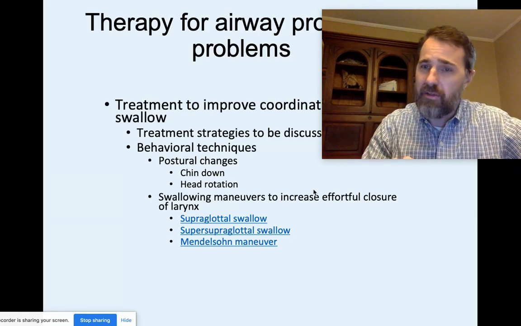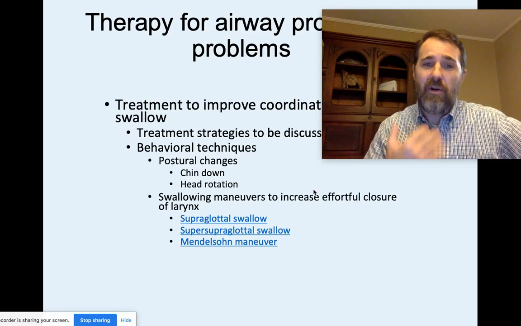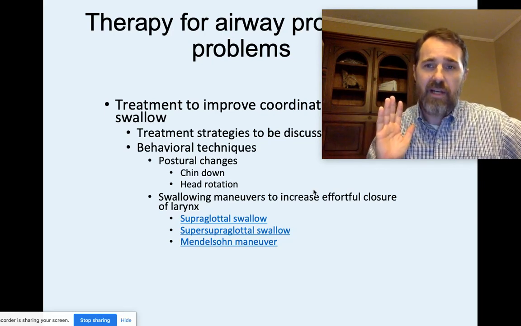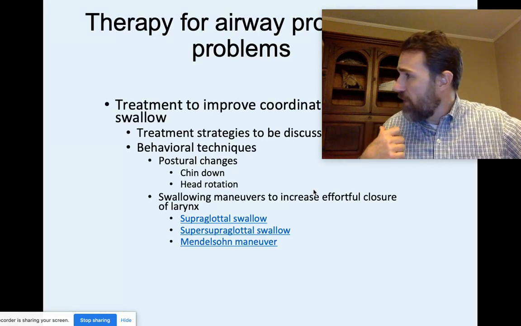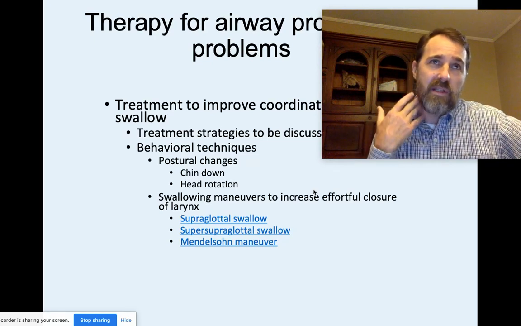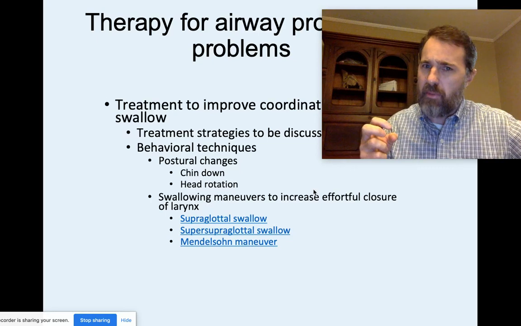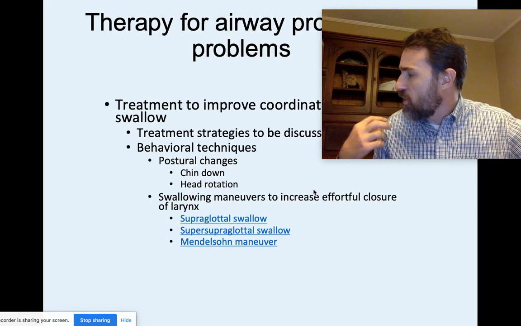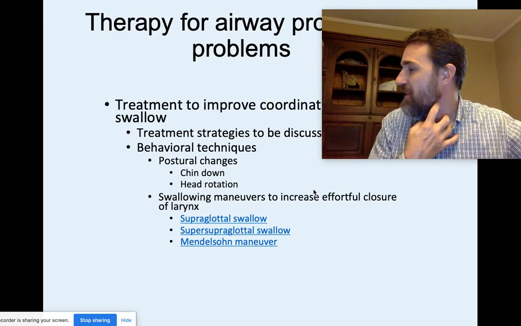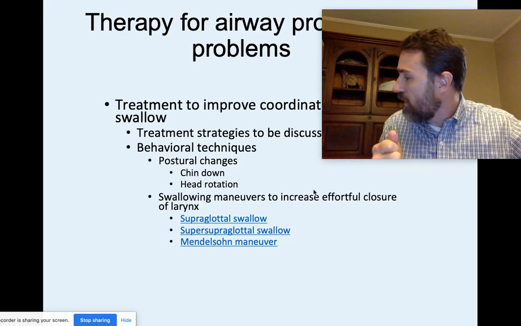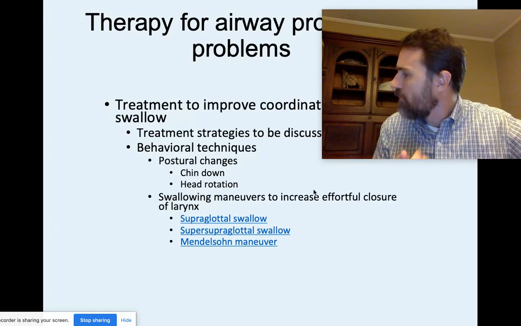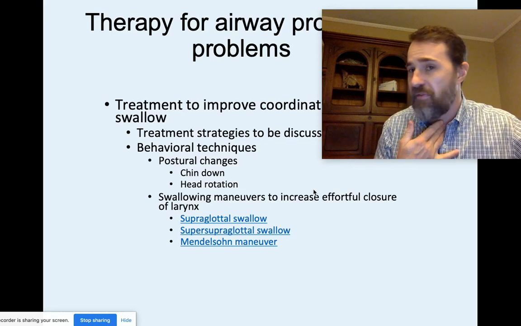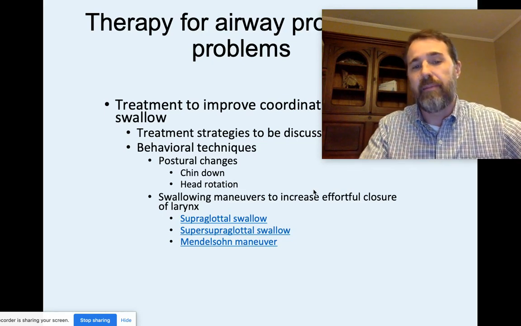So these aren't particular to cancer patients, but as I already said, tucking the chin down, possibly if you have one side that is the weakened side, rotating your head toward the weakened side, or if you have one side of the pharynx where tissue has been removed, then rotating your head towards that side where the tissue has been removed, which pulls your intact side more to midline, so that when you swallow, the bolus is going to move along that intact side of your pharynx more than on the impaired side.